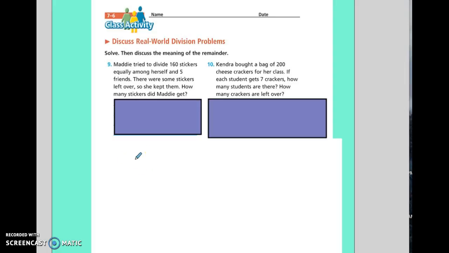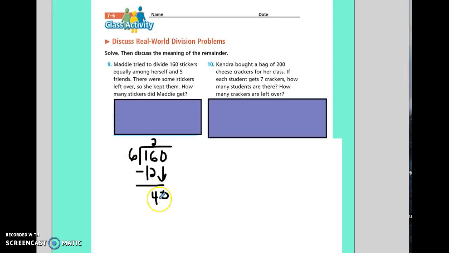So let's go ahead and do the problem. She has, among herself and 5 students, 160 stickers. And because it's herself and 5 others, it's 6. We're going to divide it by 6. So 6 goes into 16 2 times. 6 times 2 is 12. And I subtract. I get 4. And I do my bring it on down. I get 40.